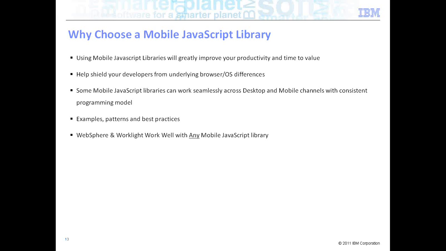Instead, if I use a JavaScript library, it would be reusing my same code base to expose it to mobile devices. So these libraries have a consistent programming model, which helps us reuse the skills as well as various components across the 2 versions of applications.